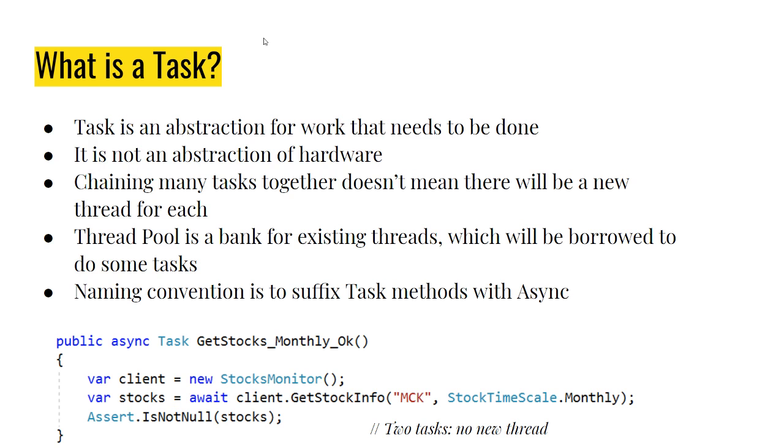When you create a task, it might run on a new thread, maybe not, but it's not up to you. It just means that it won't block the thread that you're at. That's why we need a task. And task runs on a thread pool. That's why we need them. It's a high-level abstraction of work that needs to be done, and not to delay the main thread, the runner thread that all other things are happening on.